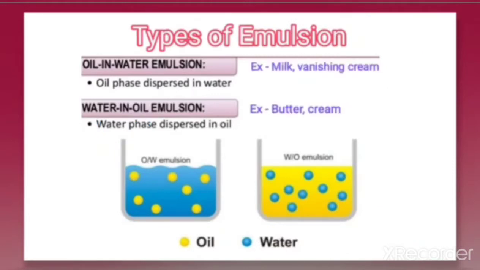In the case of milk, we know that the fat content, that is the oil content, is lesser. So it comes in the category of oil in water emulsion, that is O/W emulsion. But in the case of butter, we know that the water content is lesser and the oil content is greater.